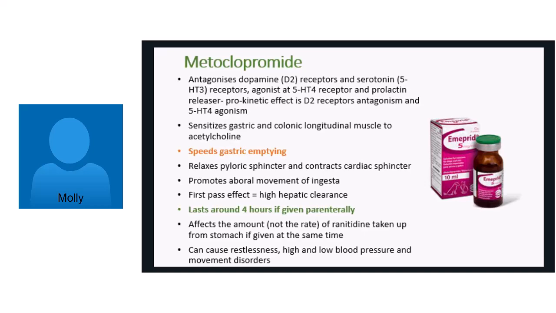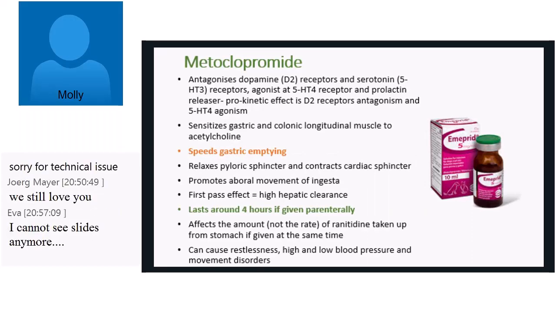It can also cause prolactin release, and in general, its prokinetic effect relies on dopamine antagonism and 5-HT4 agonism. It will sensitize both gastric and colonic longitudinal muscle to acetylcholine.